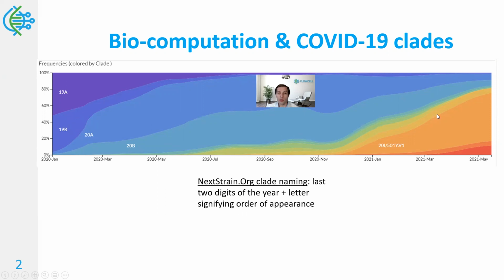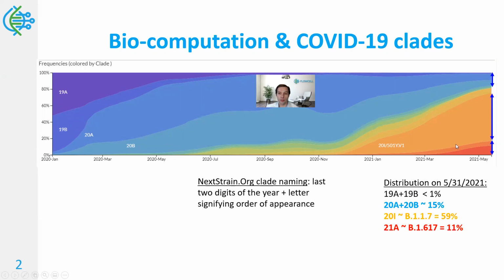Now, what's notable is where we are today relative to where we started. As of today, the two strains which started this pandemic, 19A and B, account for less than 1% of the total.